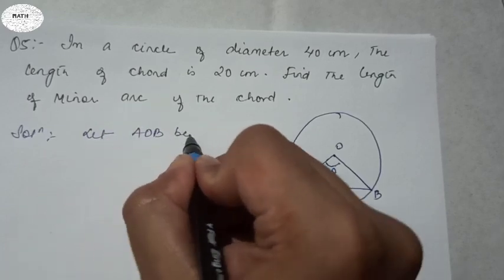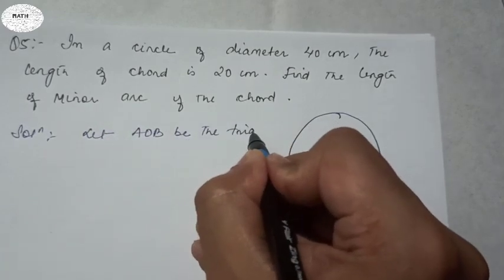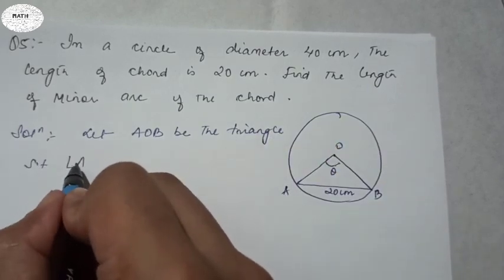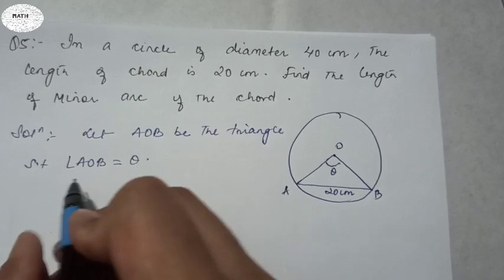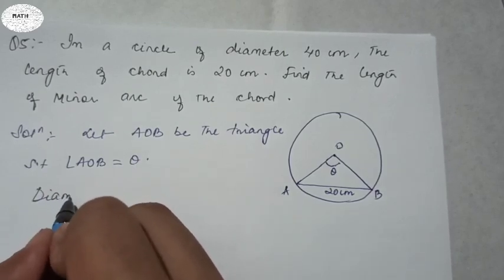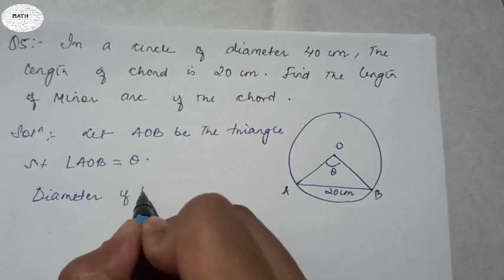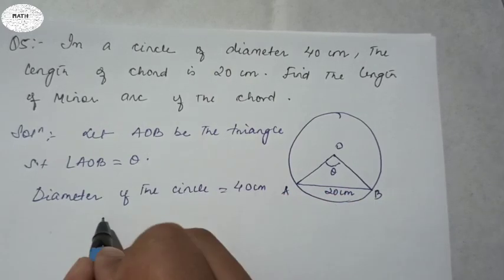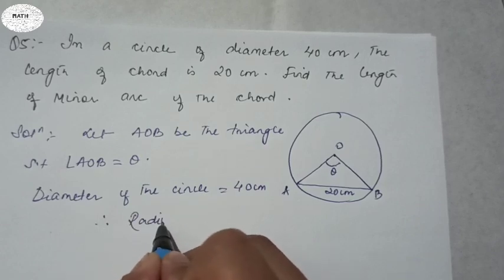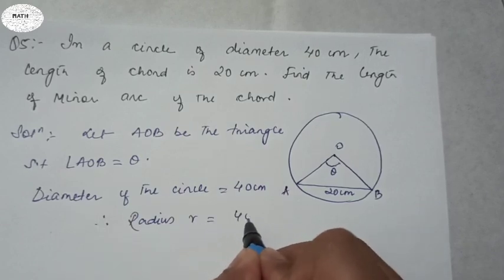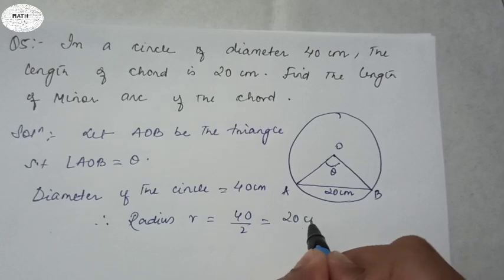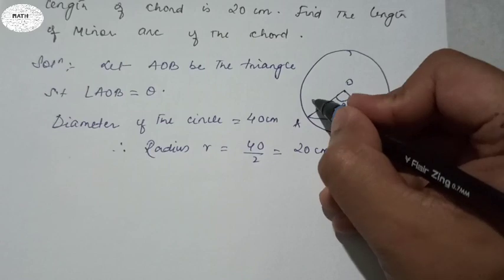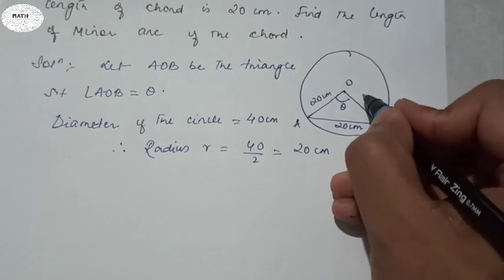Let AOB be the triangle such that angle AOB is equal to theta. The diameter of the circle is given to be 40 cm. So similarly, your radius R would be nothing more than 40 by 2, that's your 20 cm. So in short, your OA is also 20 cm and OB is also 20 cm.